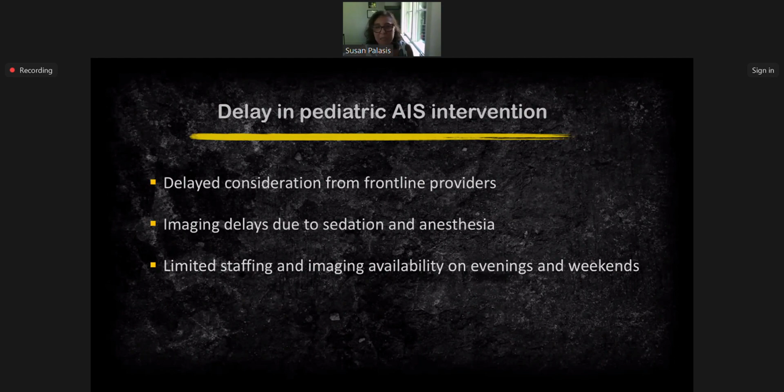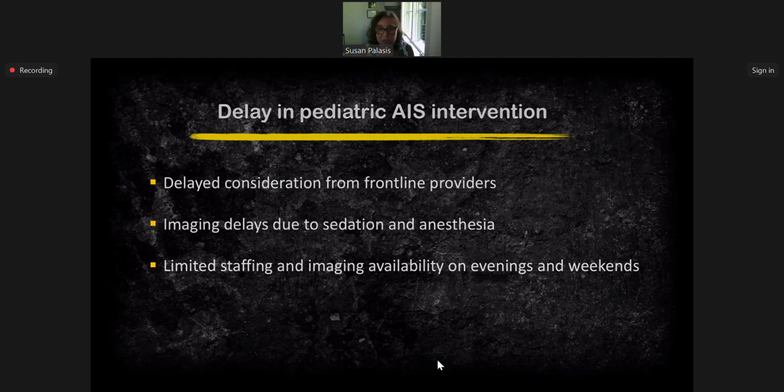First and foremost, there seems to be a delay in the consideration of stroke in frontline providers. In talking to colleagues, many of them are like, do children actually stroke, and do they stroke that much? It's really unknown that children actually do stroke, and they stroke frequently. We see multiple strokes every week.